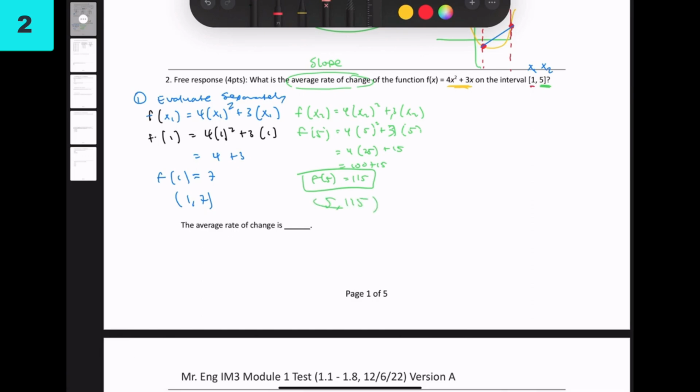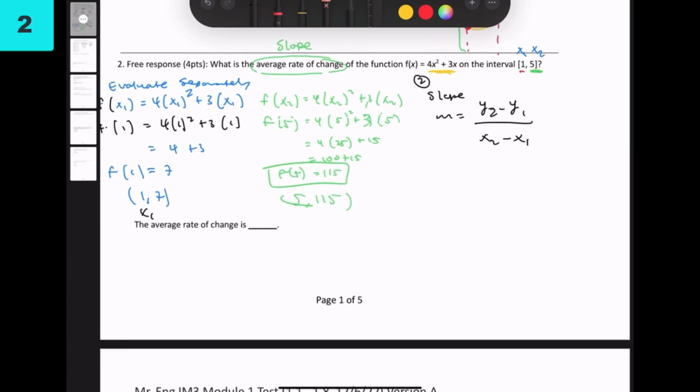And now we're going to use our slope or average rate of change. M equals y2 minus y1 over x2 minus x1. This is x1, y1, x2, y2. And don't forget it has a minus sign. Use substitution with parentheses.